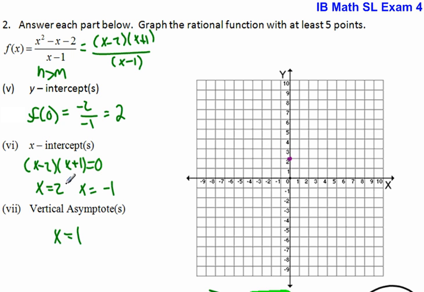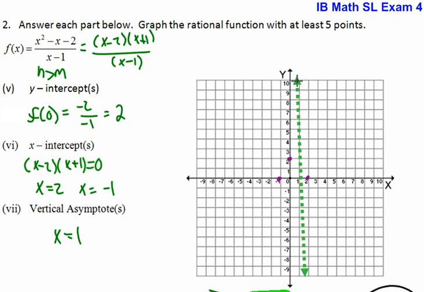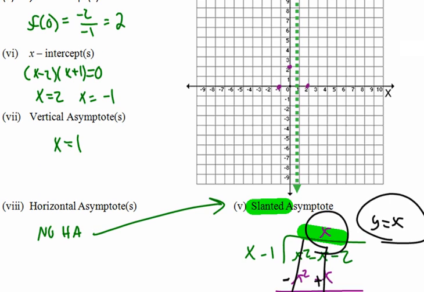We have x-intercepts at 2 and negative 1. A vertical asymptote at 1, right here. And we also have a slanted asymptote at y equals x.